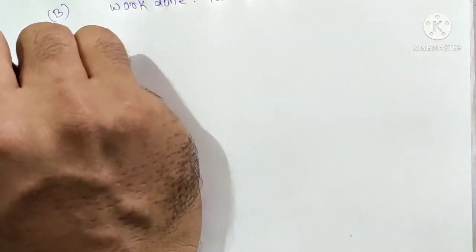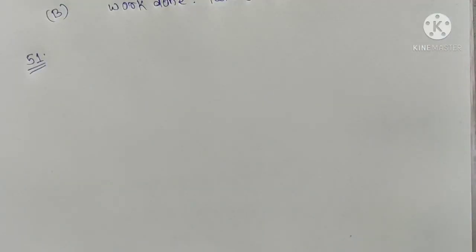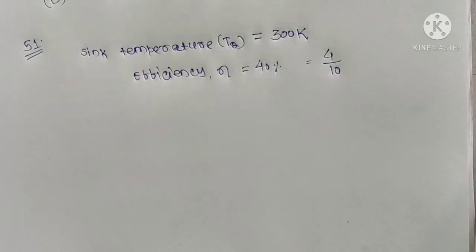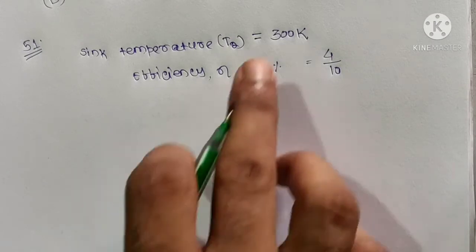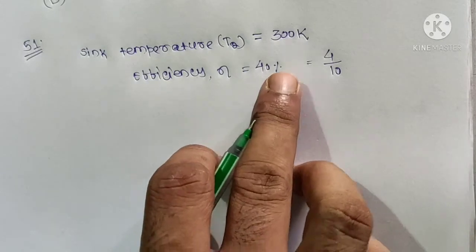Question number 51. A Carnot engine with sink temperature at 300 Kelvin has an efficiency of 40%. By how much should the temperature of source be increased so as to increase its efficiency by 50% of original efficiency? So sink temperature is given, it is 300 Kelvin, and for this efficiency is 40%, that is 4 by 10.